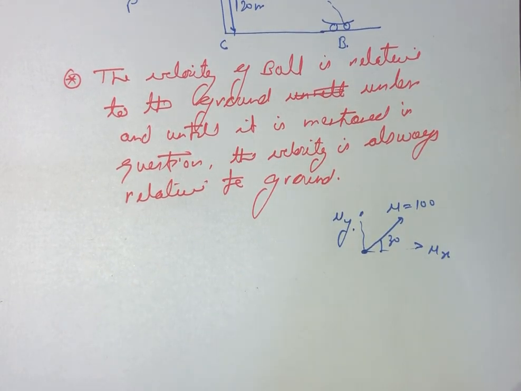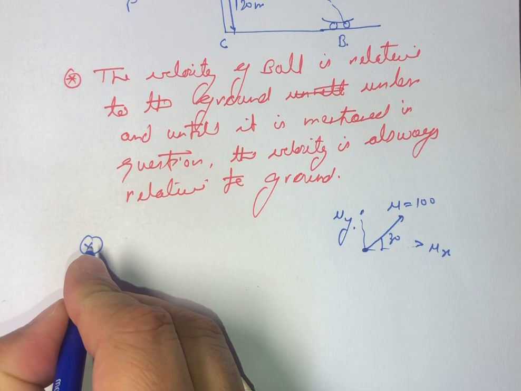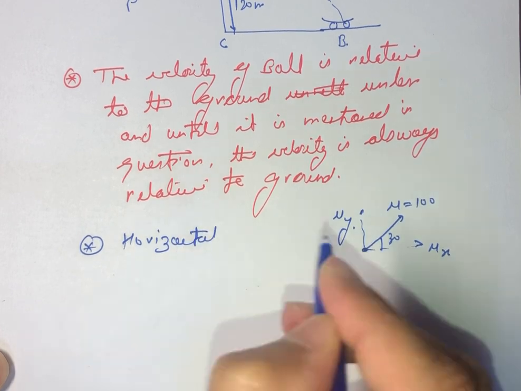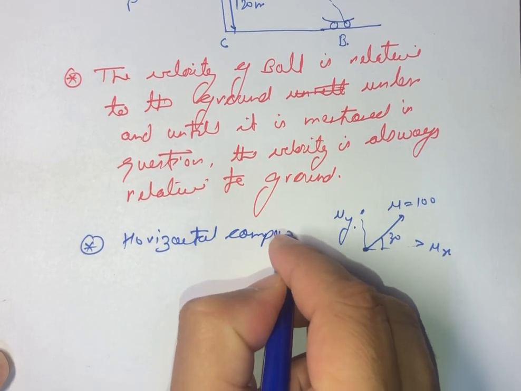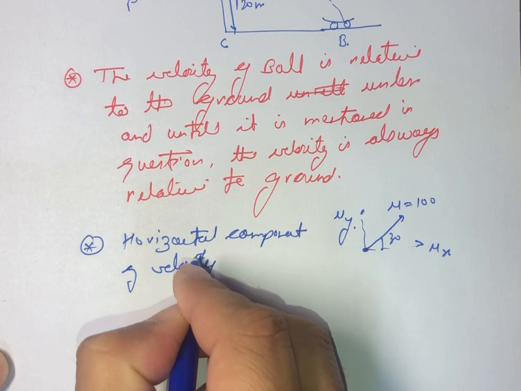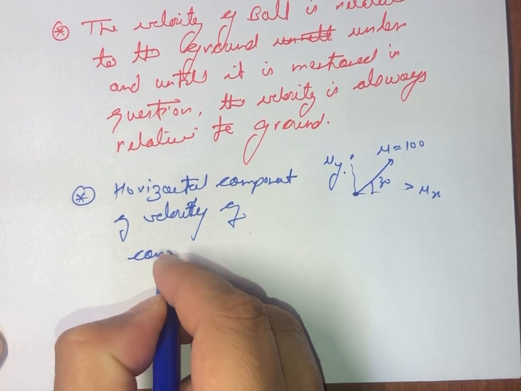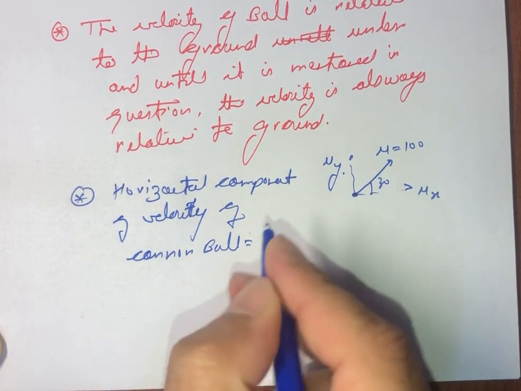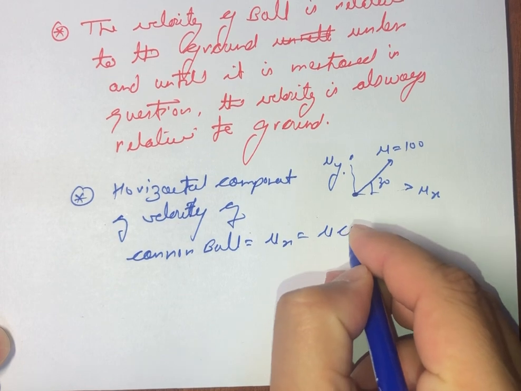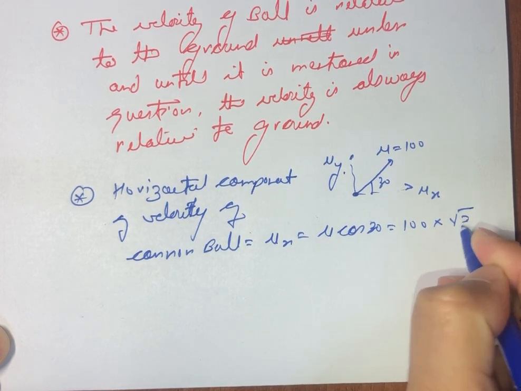So we can find out the horizontal component of the velocity of the cannonball, which is given as ux, and that will be u cos 30, or u is given as 100, so 100 times √3 by 2.